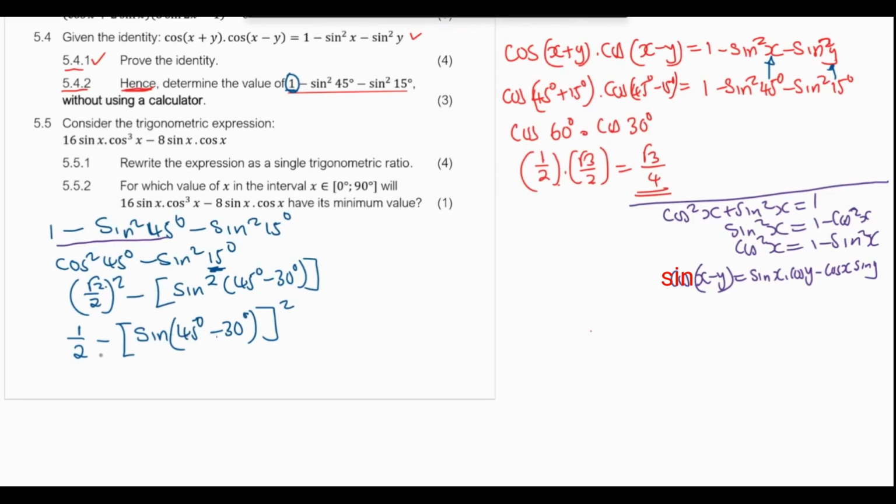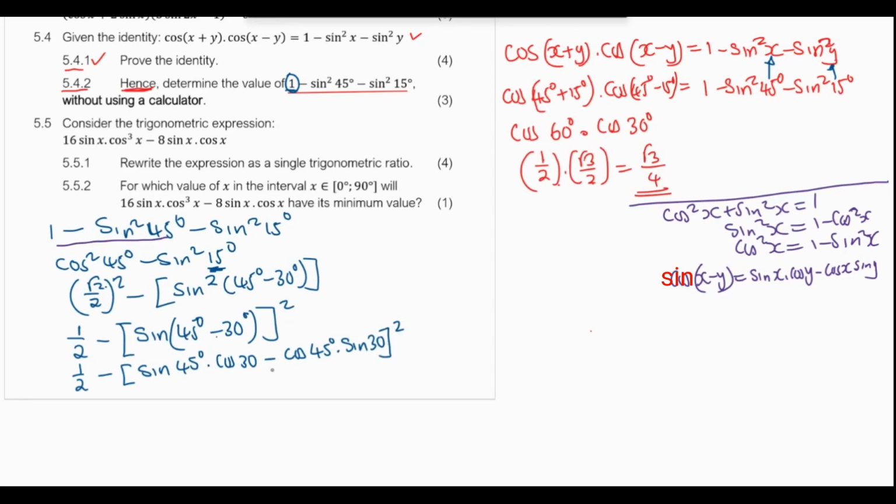So it becomes 1 over 2 minus sine 45 times cos 30, then minus cos 45 times sine 30, all this squared.